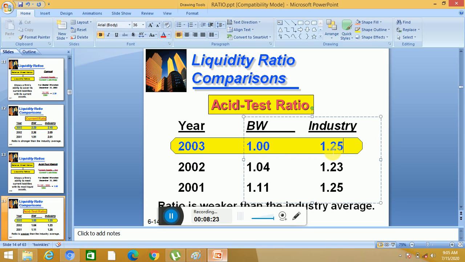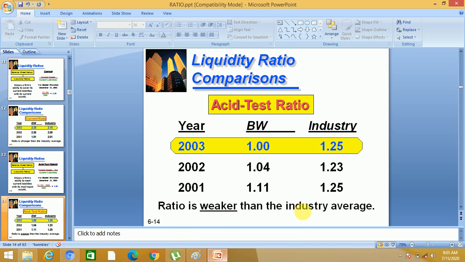Now compare your performance with the industry. See, 1 and 1.25, we are below industry. 1.04 and 1.23, we were below industry in 2002. In 2001, 1.11 and 1.25, we were below industry. So the ratio is weaker than the industry average, meaning our ratio has been below the industry average for the past three years.